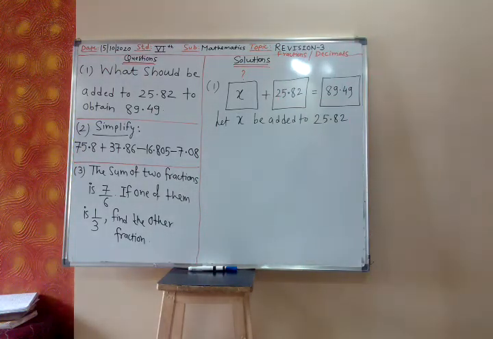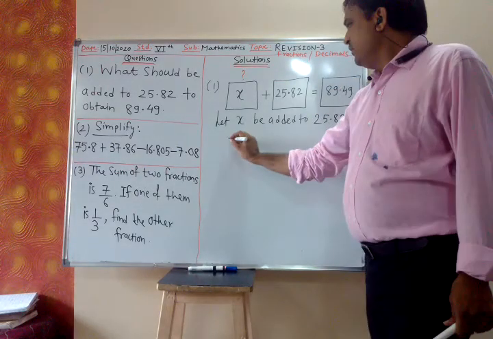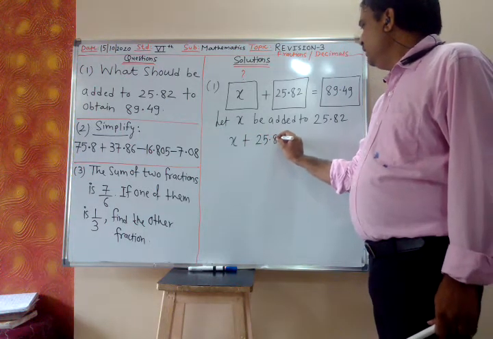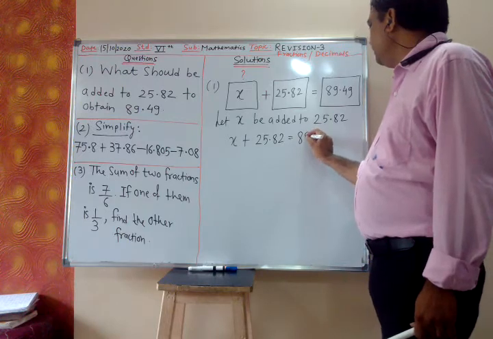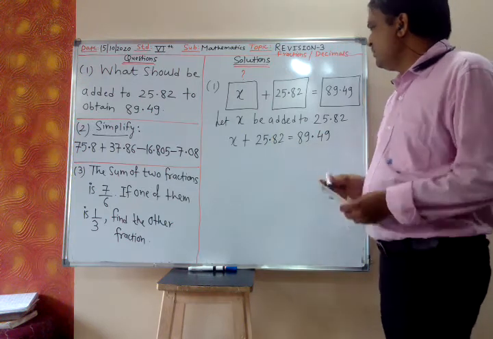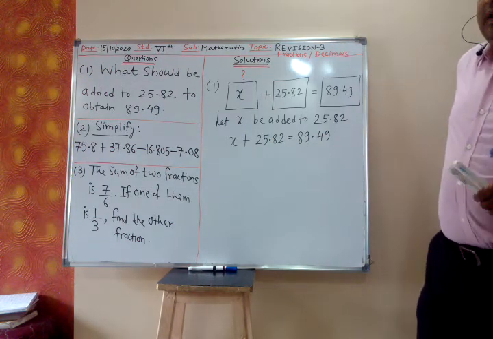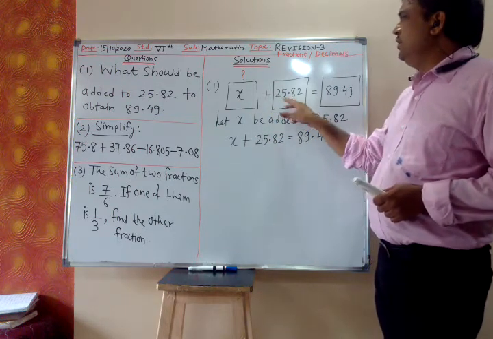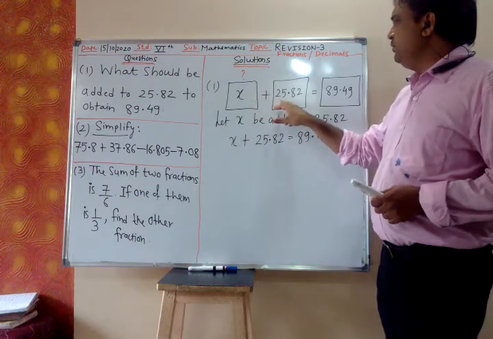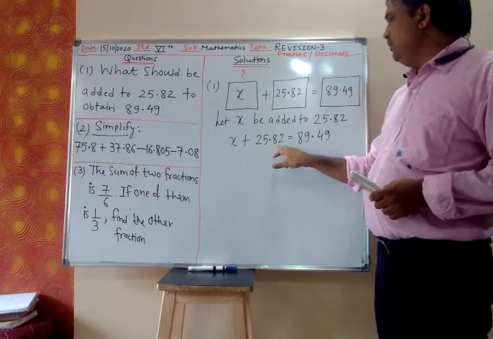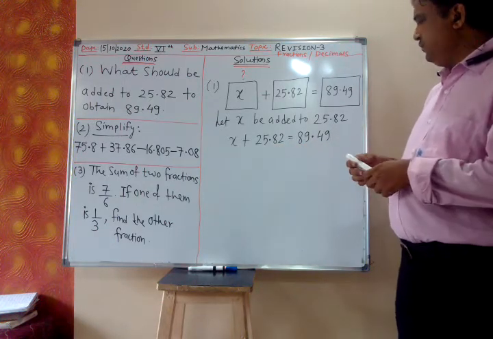So you will get X plus 25.82 is 89.49. Mute the microphone, everybody. When you add X to 25.82, you get the number as 89.49. So X plus 25.82 is equal to 89.49.